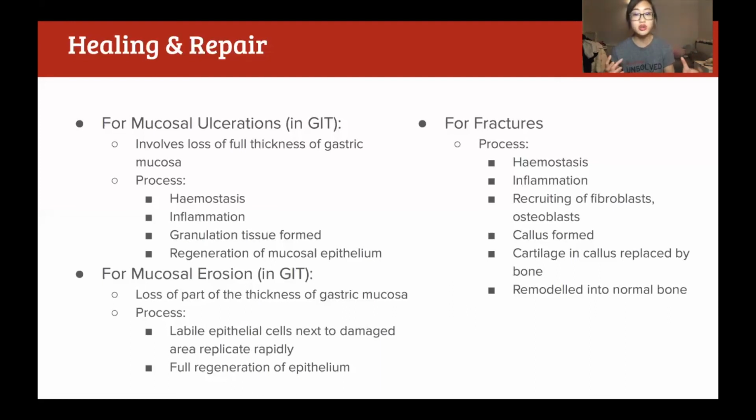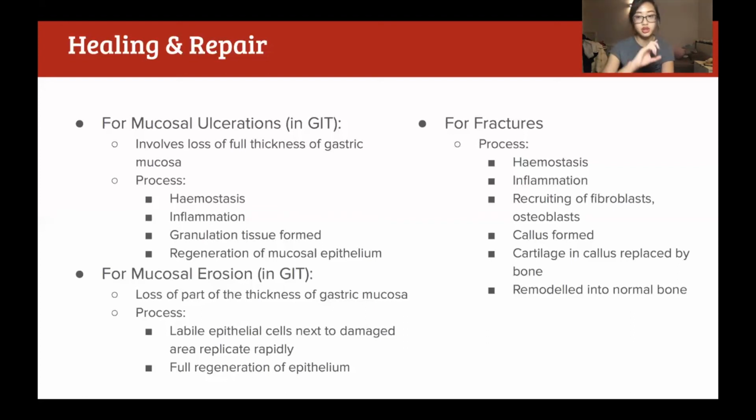They're always multiplying, and they're always regenerating. So that's why when you have a full thickness ulcer, there is a very quick turnover of cells, and you're back to normal, provided that you have some good medicine for that, namely proton pump inhibitors, other sorts of things.